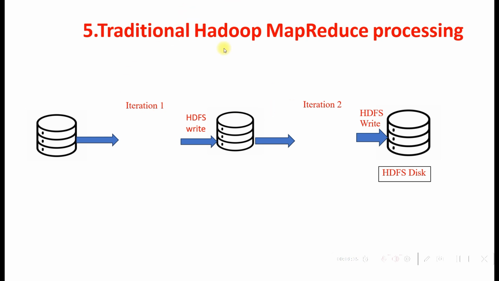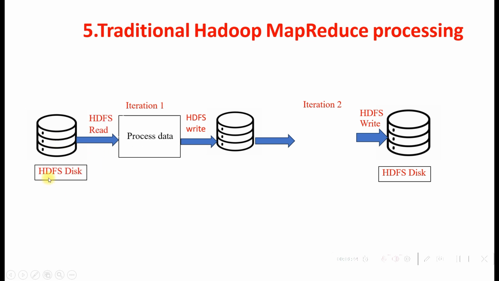In this slide, we will discuss the traditional Hadoop MapReduce processing, and how Hadoop is slow in processing. You can see here, first the data is stored in HDFS disks, that is the Hadoop Distributed File System. When processing starts, Hadoop reads the data from the disks.